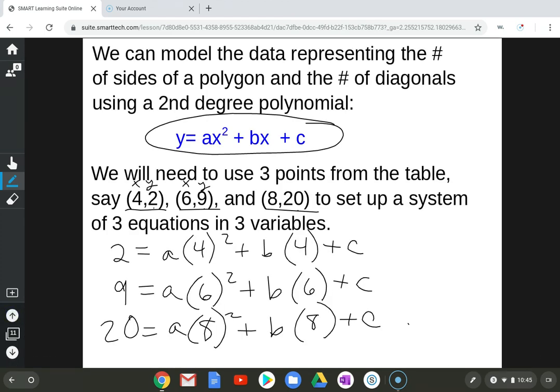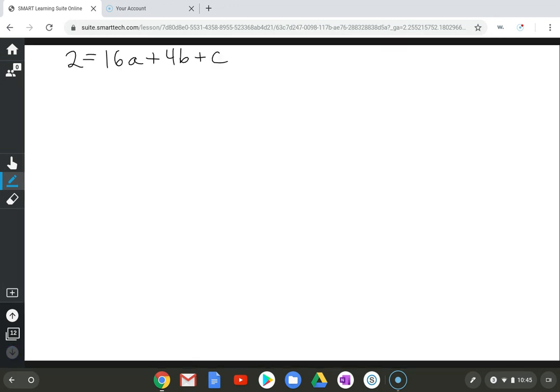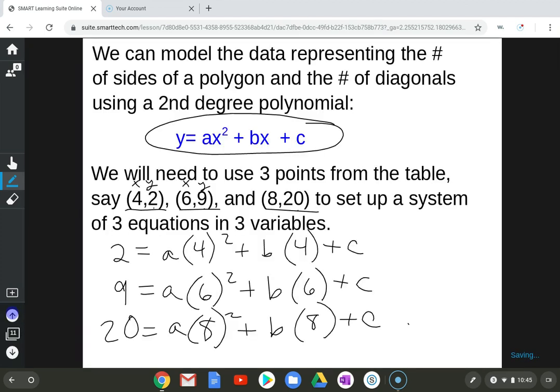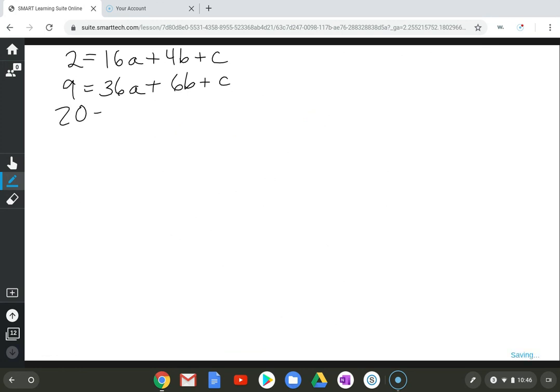Then 36a plus 6b plus c. So 9 equals 36a plus 6b plus c. And my last data point was 20 and 8. So I have 20 equals 64a plus 8b plus c.